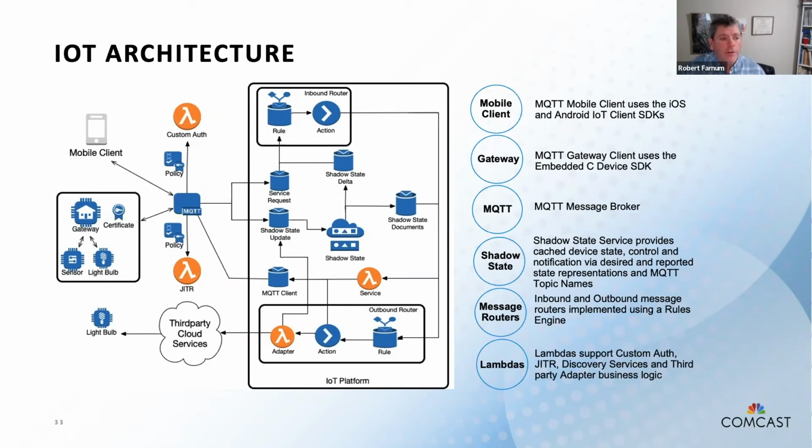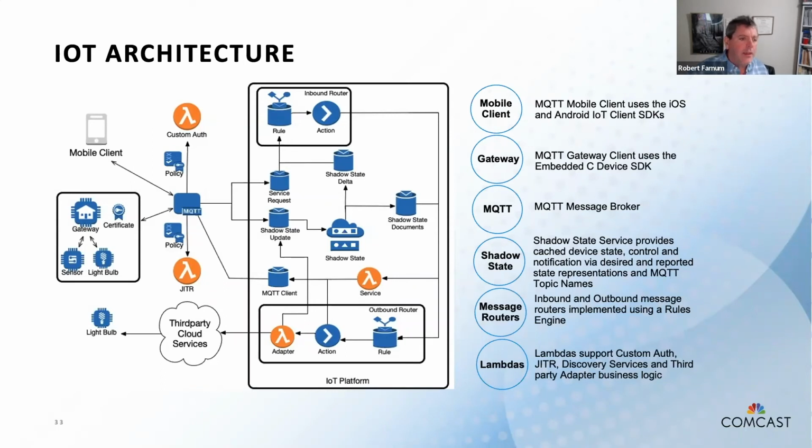The same is true of the gateway, except the gateway uses certificates that have been issued to it and has a network, let's say via Zigbee, to talk to sensors and light bulbs. And when it connects to the MQTT message broker, it's connecting 24/7, generally speaking, right?